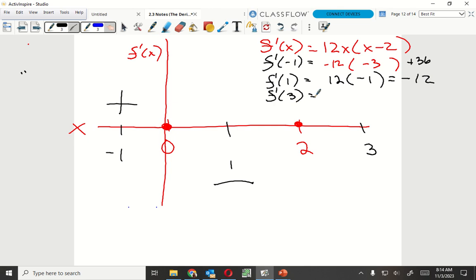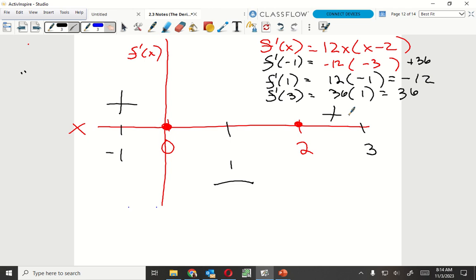That's going to give me a positive 36, so everything right here is going to be positive. So from 2 all the way over is positive, right?